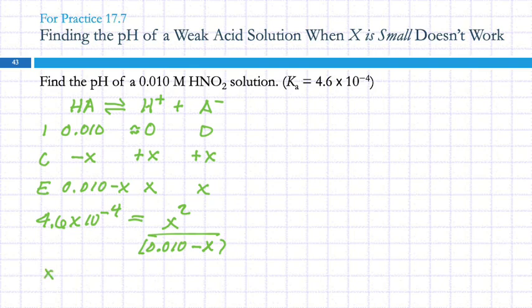And this is telling me that X is 0.001927. If we look at that to see what percentage of 0.01 that is, we see that it's actually 19%, so way above the 5%. So that is equal to the hydrogen or hydronium ion concentration at equilibrium.